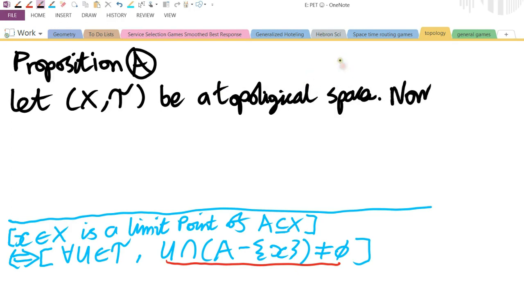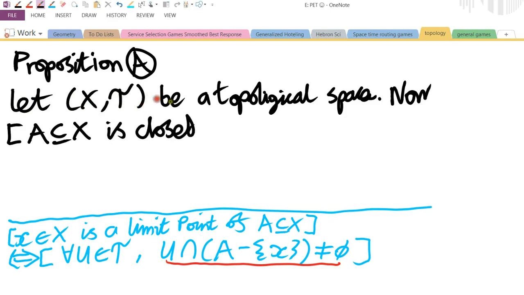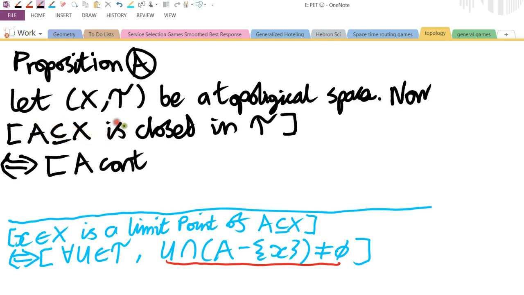Our result states that a subset A of X is closed in this topology if and only if this subset A contains all its own limit points.